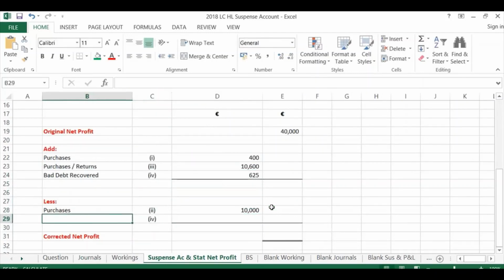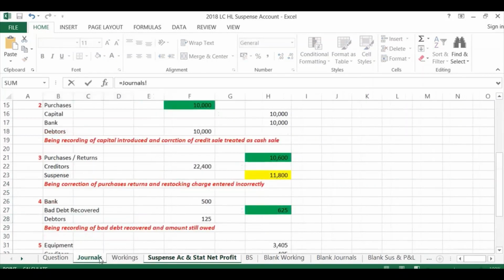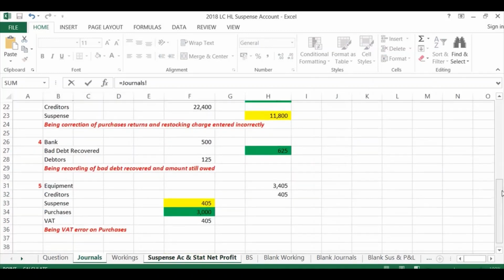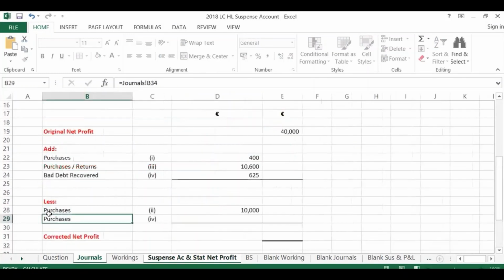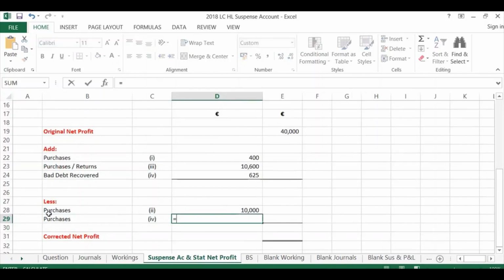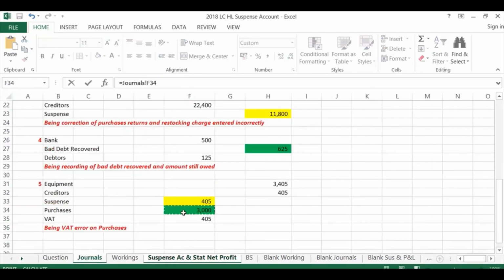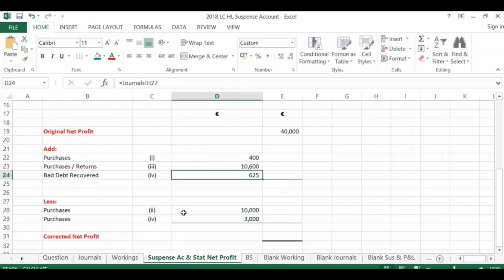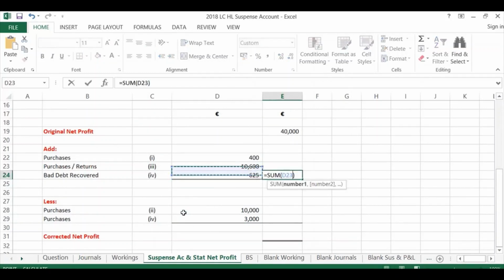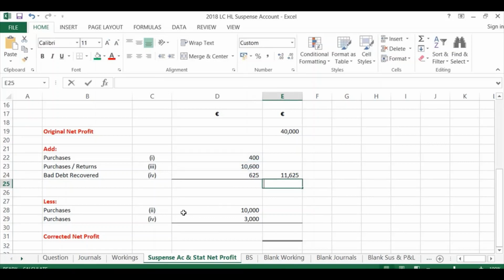The last P&L item is purchases, and it's a debit balance on the left hand side, so I'm going to take that away, 3,000. Okay, so the total I'm going to add on then to my original net profit to increase it is 11,625.